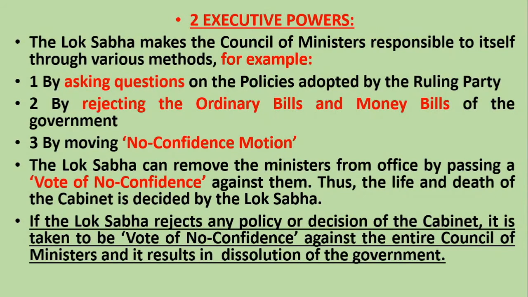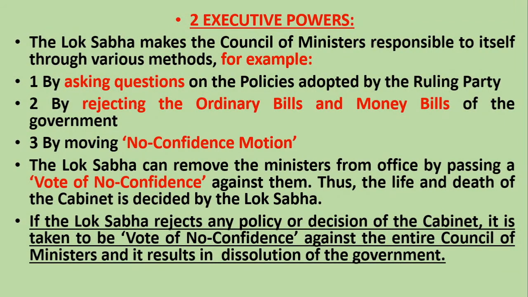Second is by rejecting the ordinary bills and money bills of the government. Yes, when government introduces ordinary bill or money bill, opposition, if they reject it, then also it is controlling the executive. And by moving no confidence motion, I already discussed with you in detail what is no confidence motion.